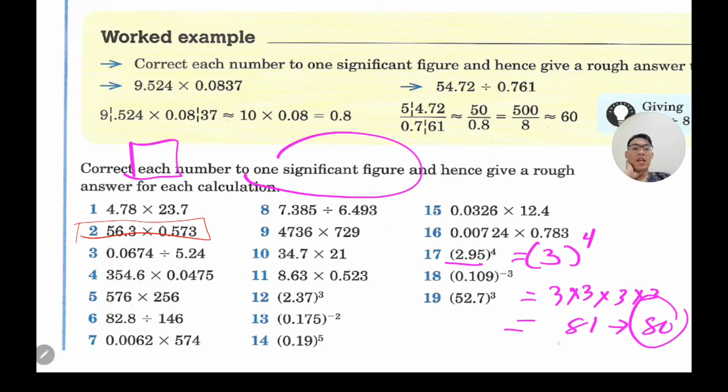All right, our first significant figure is 8. The next number is 1. So since 1 is less than 5, that means 8 remains 8 and 1 becomes 0. So our final answer for number 17 is 80.